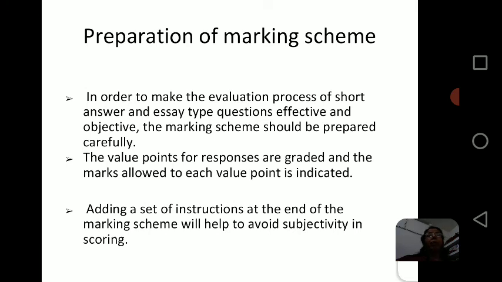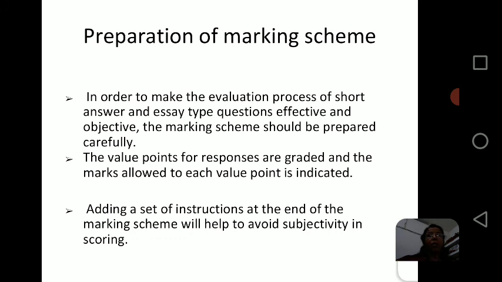and distribute the marks of the question among these value points. If the question has 6 marks and there are, suppose, 4 value points for this question, these 6 marks can be distributed among the 4 value points according to their relative importance.